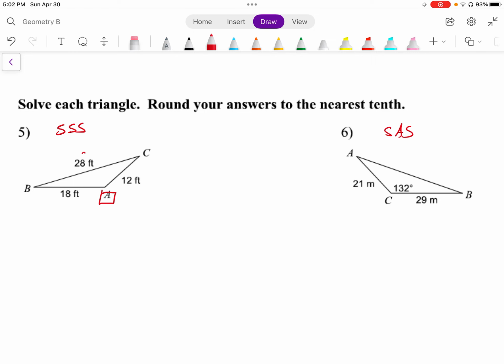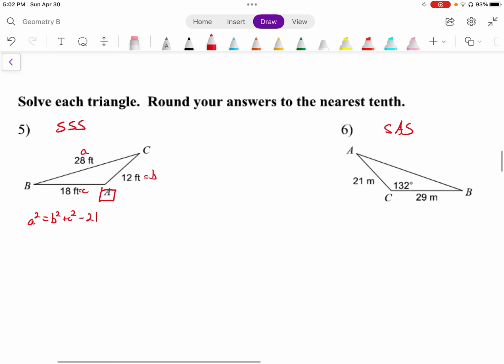So this is side a, 12 is side b, and 18 is side c. We want to find angle A, so that means side a has to come first. So we're going to use the form a squared equals b squared plus c squared minus 2bc, oops, no, that's wrong, 2bc times the cosine of A. Put a little times sign there, times the cosine of A. And now we plug in the three sides.